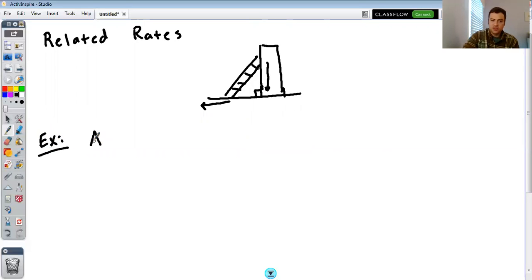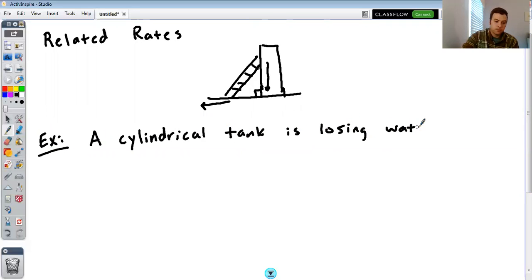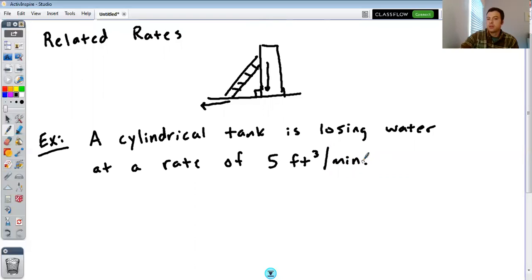I'm going to tell you a cylindrical tank is losing water at a rate of 5 cubic feet per minute.